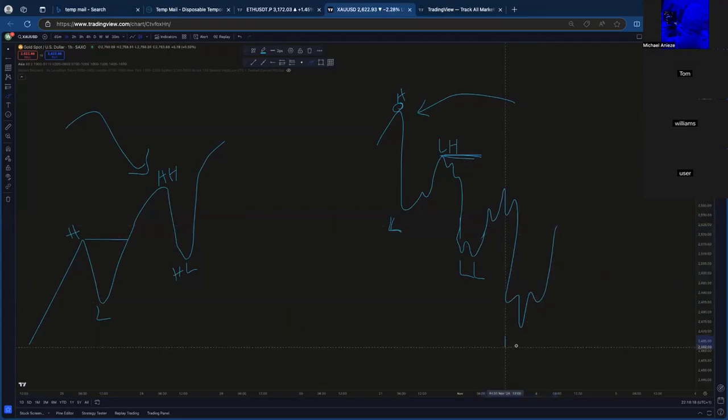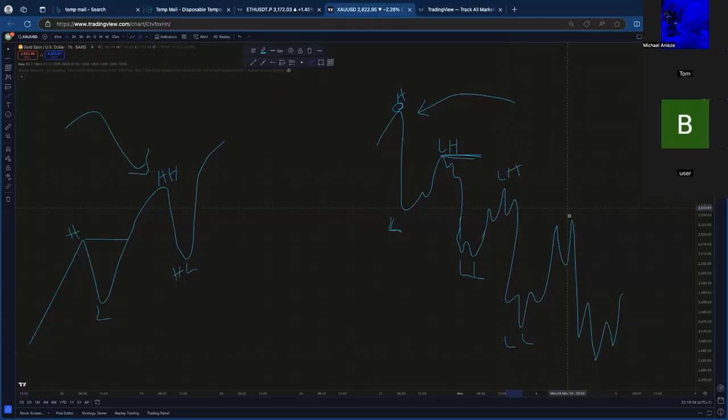This would be lower low. This would be lower high. And this lower low. So lower high, lower low, lower high, lower low.